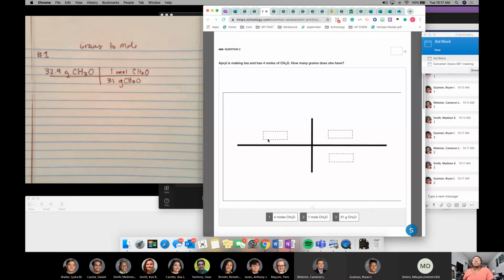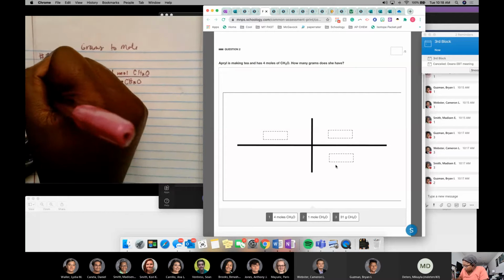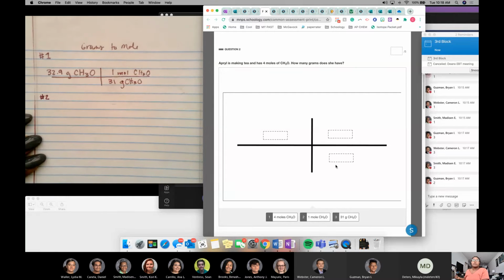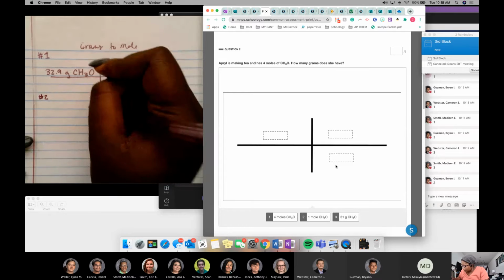Let's do number 2. April is making tea and has 4 moles. How many grams does she have? All right. Number 2. We have 4 moles. All right. So what's going to go in my top bracket?